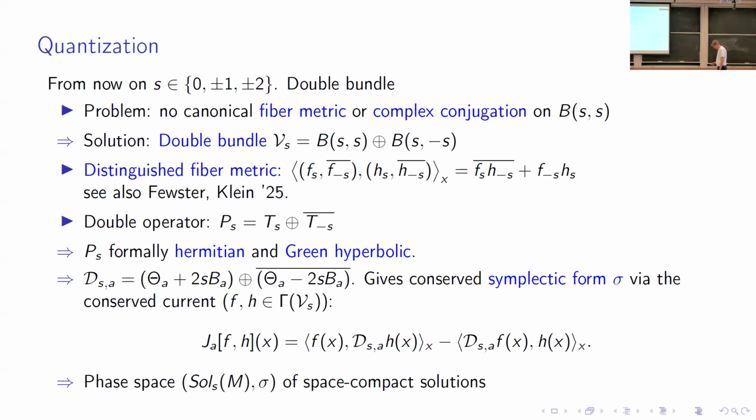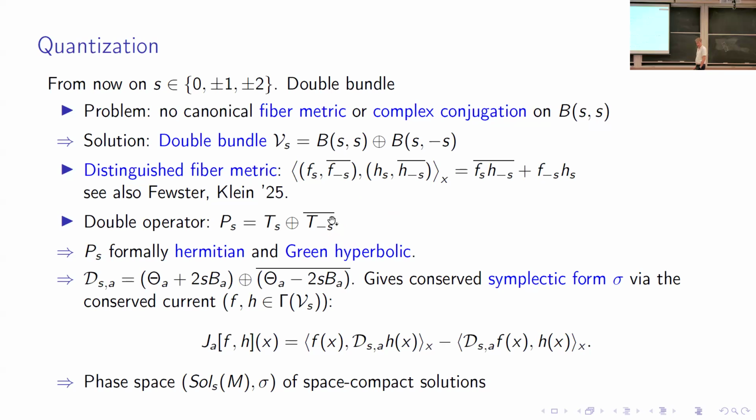And so the way we got out of it, which is quite natural, is that we double the bundle. This is with Christiane Klein. So this double bundle has a distinguished metric that essentially works by duality. This was written a little bit later by Schuster and Klein in a more general setting. We also double the operator.